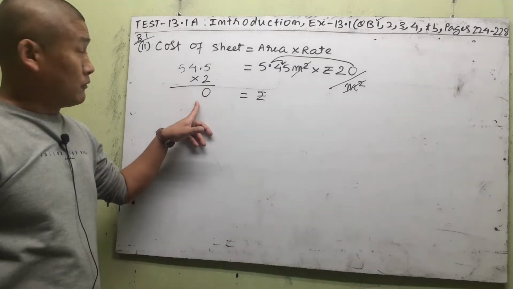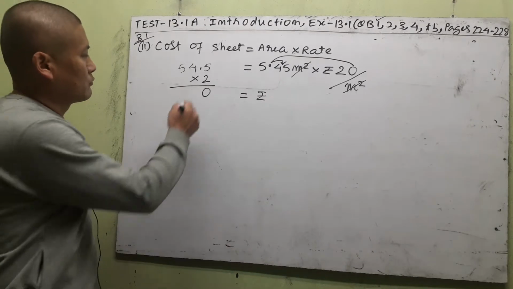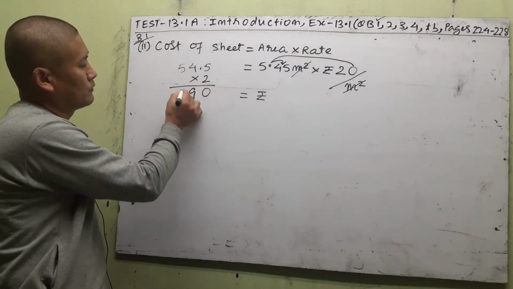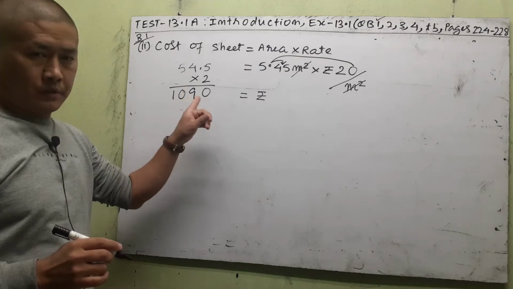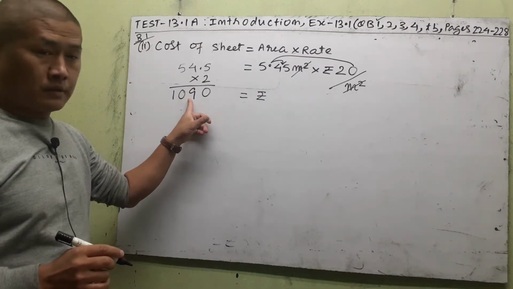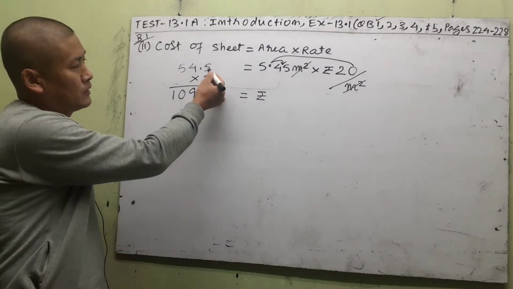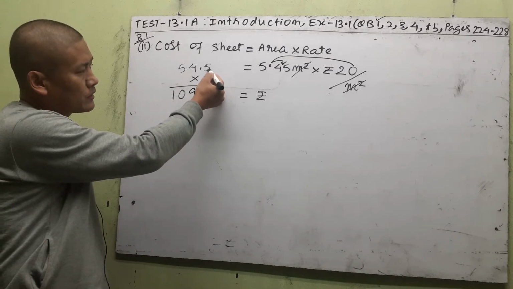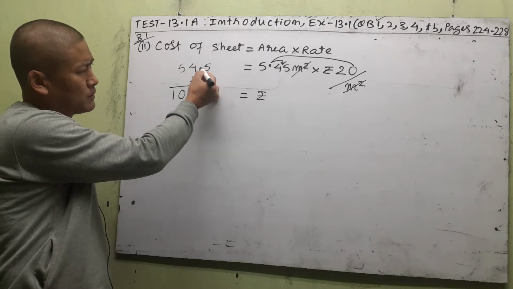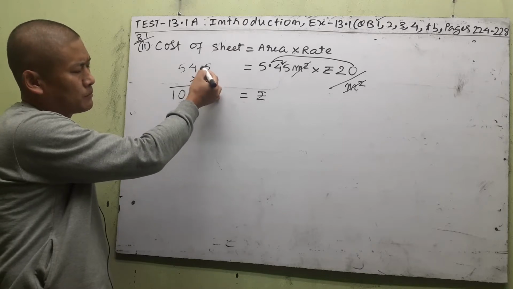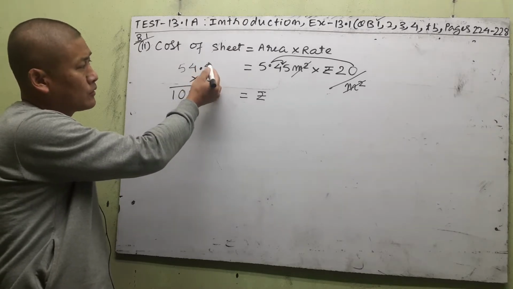2 5s are 10, 1 in hand. 2 4s are 8 plus 1 is 9, and 2 5s are 10. After we multiply, we have to put the decimal in the right place in this answer. For that, we search in the factors here: how many decimal places are there? Decimal places, as we said even in the previous class, are to the right of the point.